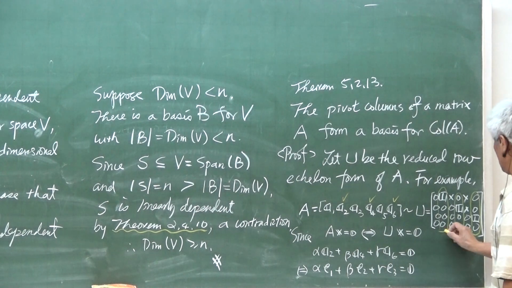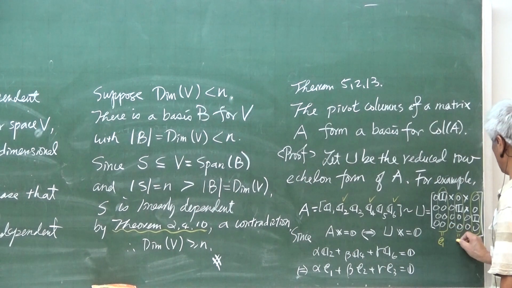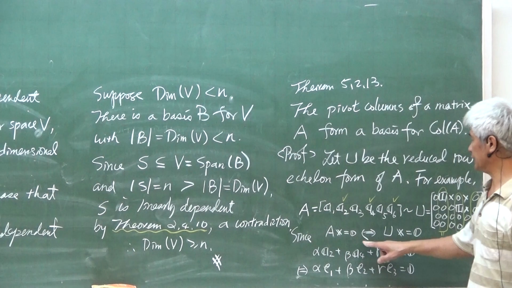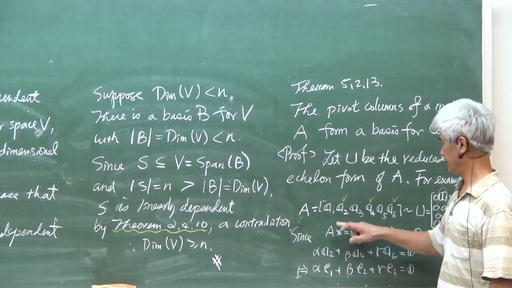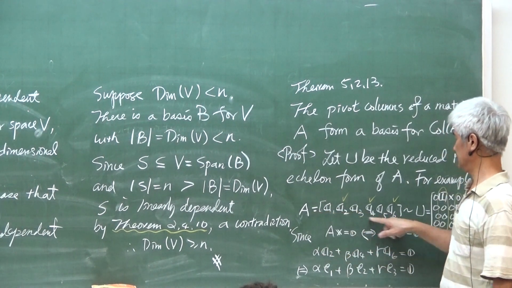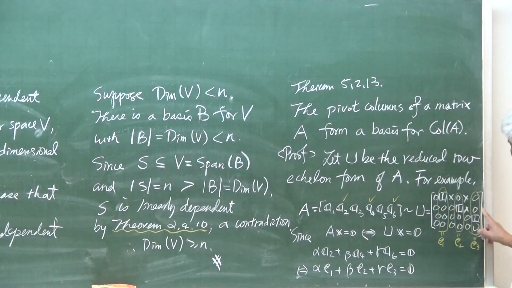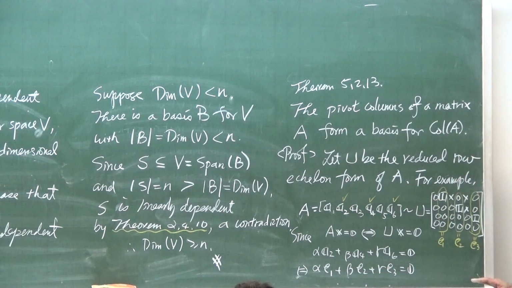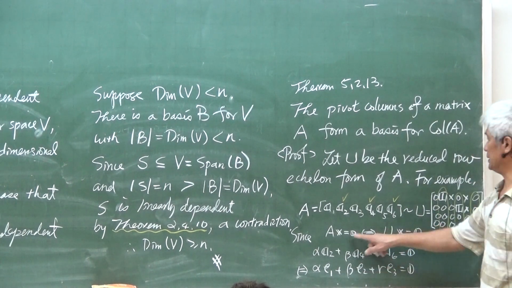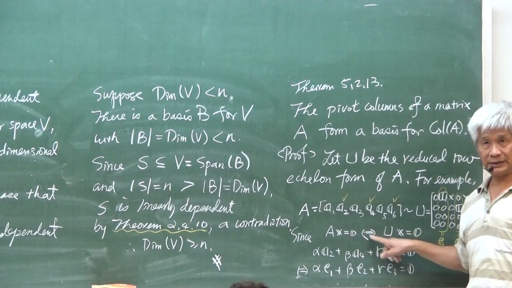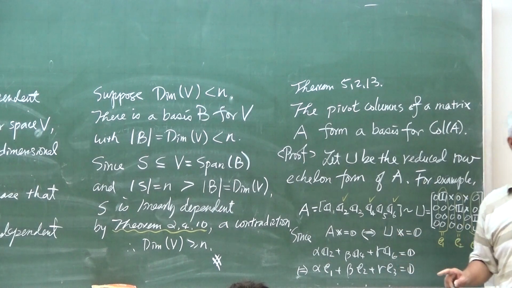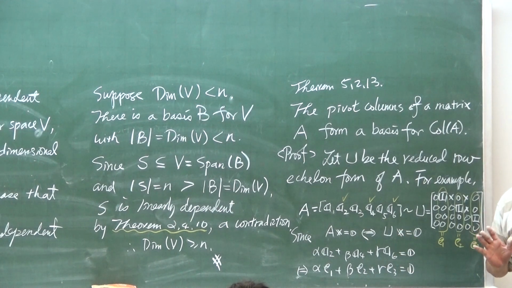Okay? So this is the standard basis. So if we have a linear relation for the columns of A, we have a corresponding linear relation for the columns of U, because they have the same solution set. So the kernel of A is equal to the kernel of U. Okay? So that is the situation.